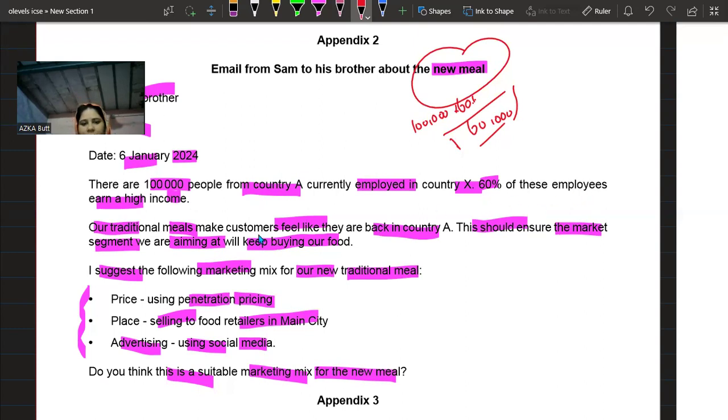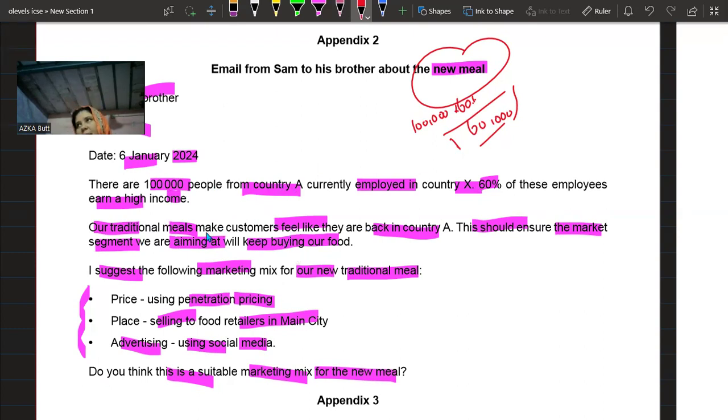60% of these employees earn a high income. But if we see meal one and meal two, we can also discuss this thing, because now they are going to target the 100,000 people who are coming from country A. So if they are high income earners, it means that we should not select that meal which is for lower prices.